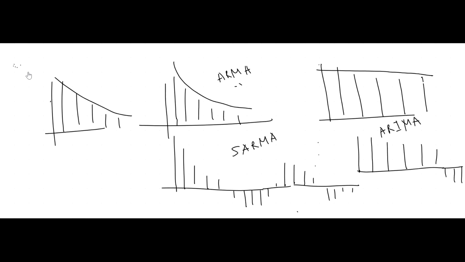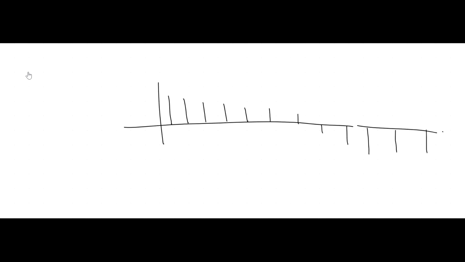So if I erase everything, perhaps in case of SARIMA, it would look like this. So not only is there a decay, but the decay is also very slow, and there is an alternating pattern as well. In such a case, you can expect to have a SARIMA model for your data.